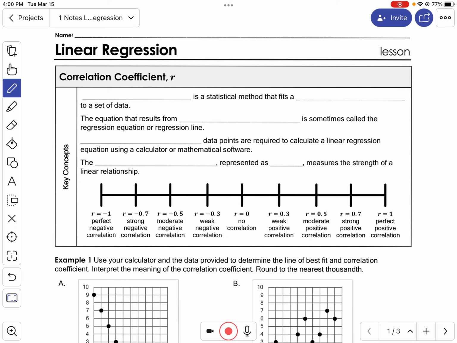So the first thing we're going to look at is linear regression. It is a statistical method that fits a line of best fit to a set of data.